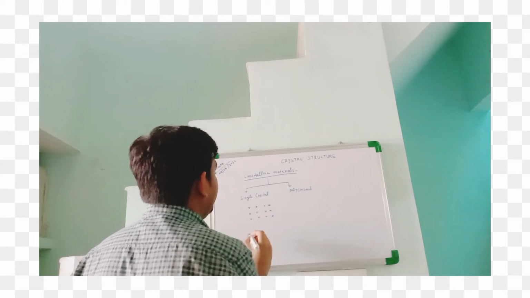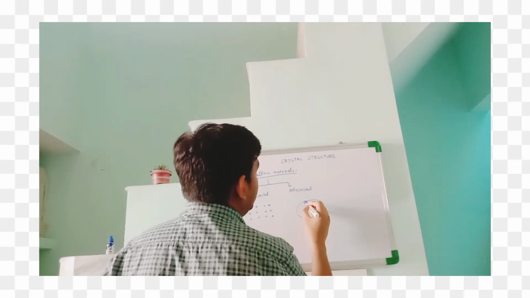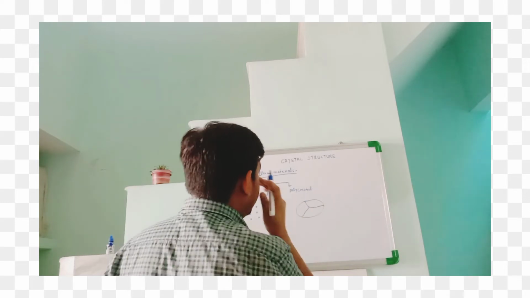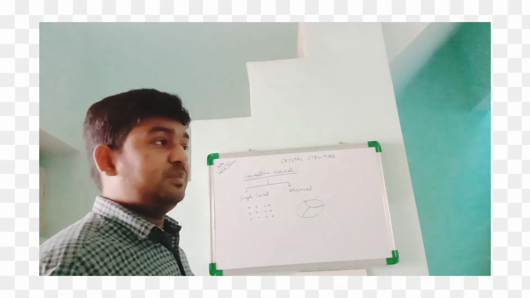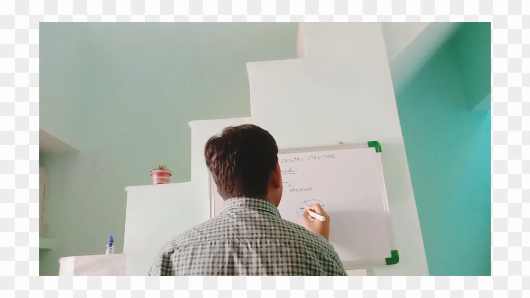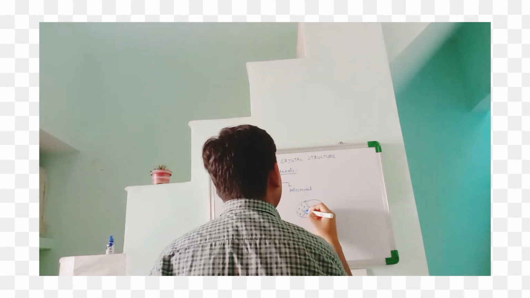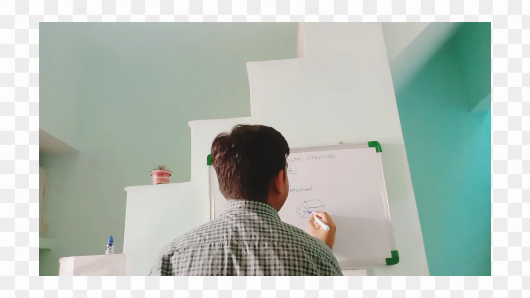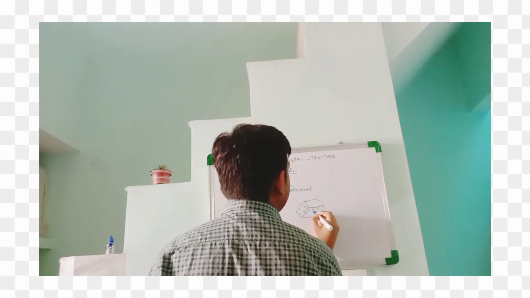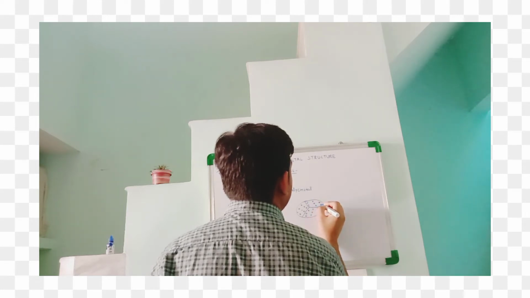This type of lattice forms a single crystal, and if the crystal has a group of geometries, meaning there are different arrangements of atoms present in the crystal, then this type of crystal is called a polycrystalline material.